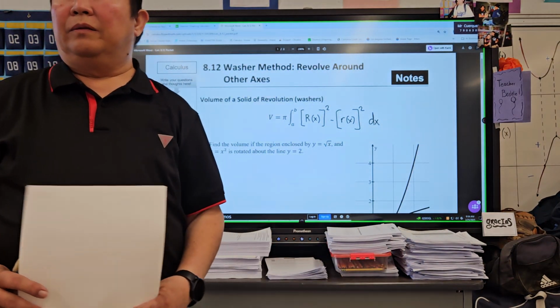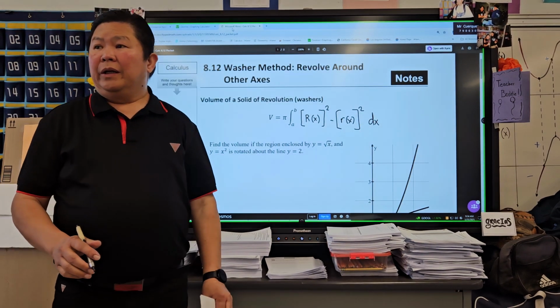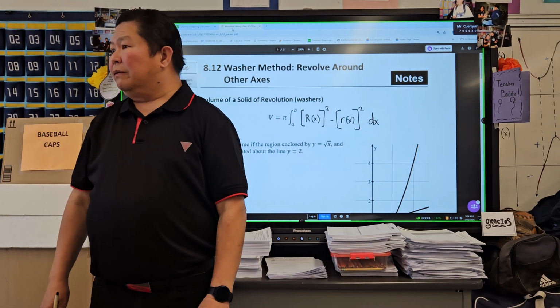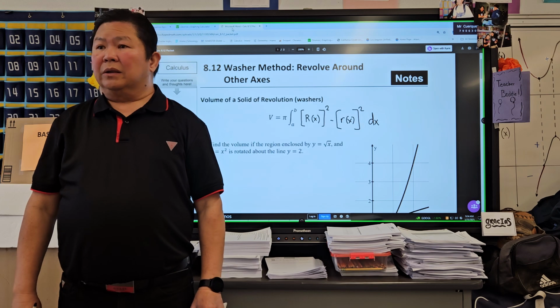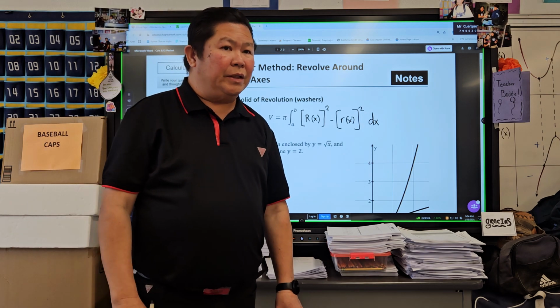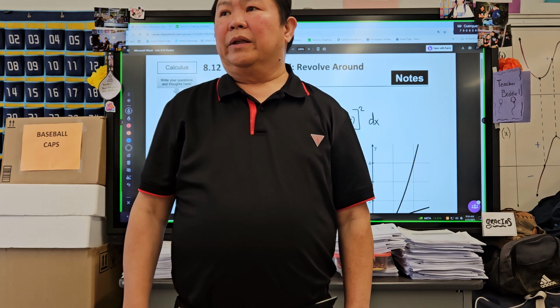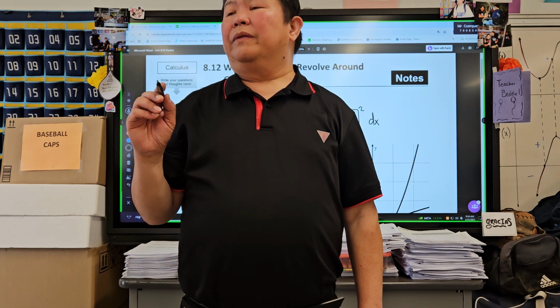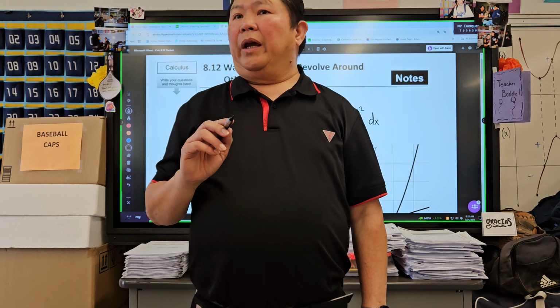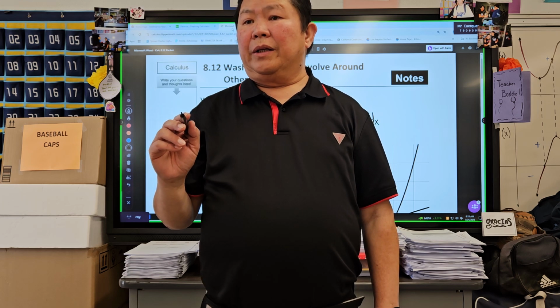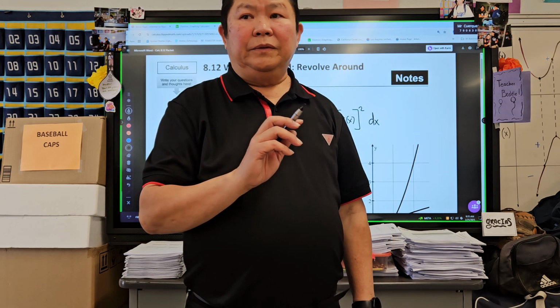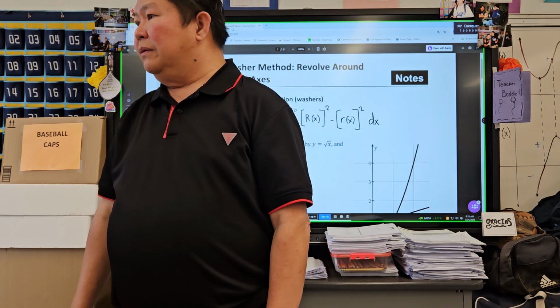So what is capital letter R? It is the outside curve, and the small letter r is the inside curve. We denote that capital R is the radius of the outside curve, and small r is the radius of the inside curve.